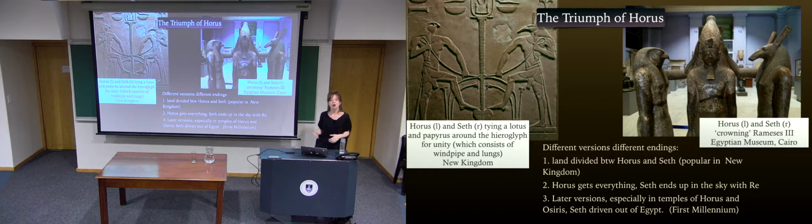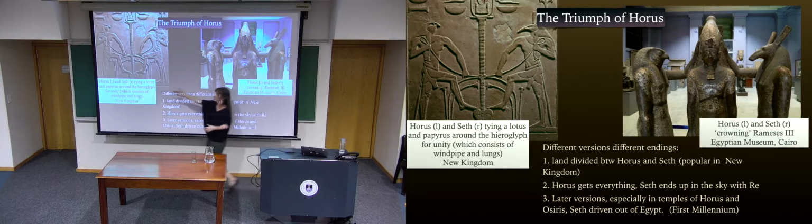Then what happens after that really depends, at different points in time, on what status Seth has as a national god. So in the New Kingdom, when Seth is quite favored by the kings and others, the whole realm is split between Seth and Horus, and then you see lots of images of them together, representing the two parts of Egypt come together, unified with the ruler of Egypt. So here you've got Ramses III, and you've got Horus and Seth right next to him.